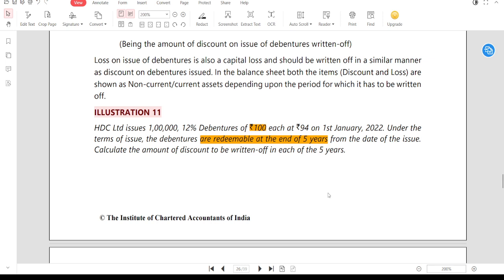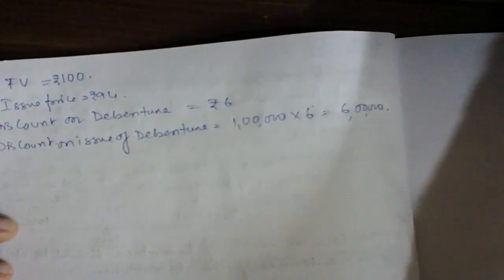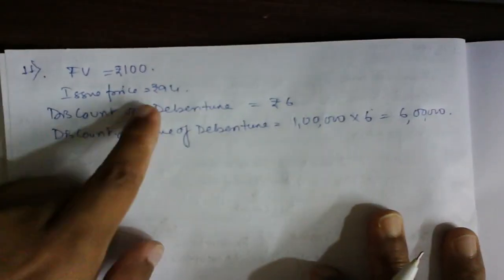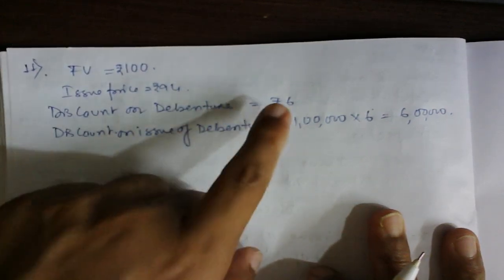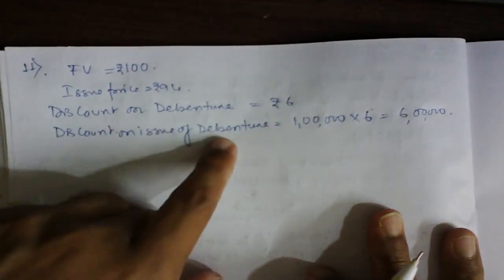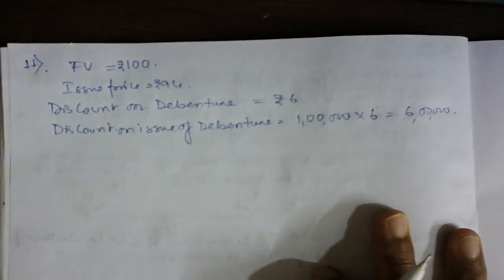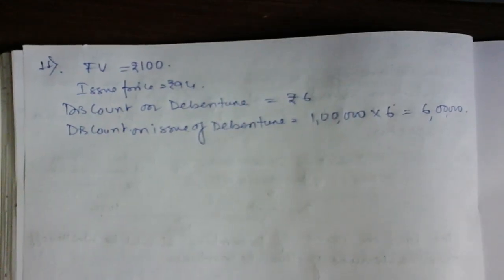What is the number of debentures? 1 lakh. Okay, and your discount amount is 6 rupees, so we can say it's 6 lakh total. देखिए मैं आपको दिखाता हूं, फेस वैल्यू 100, इशू प्राइस 94, डिस्काउंट ऑन डिबेंचर 6, डिस्काउंट ऑन इशू ऑफ डिबेंचर इज 6 लाख रुपीस.